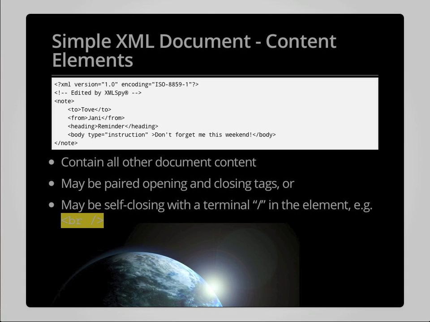So this is an alternative when you have an element that allows itself to be closed like that, to have a single element as opposed to a pair of opening and closing tags.